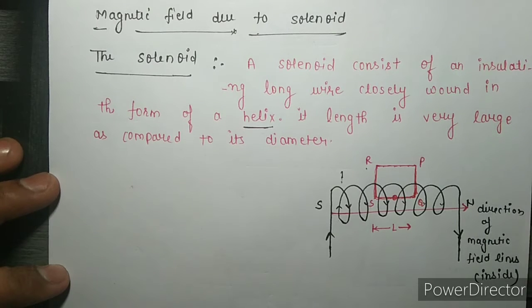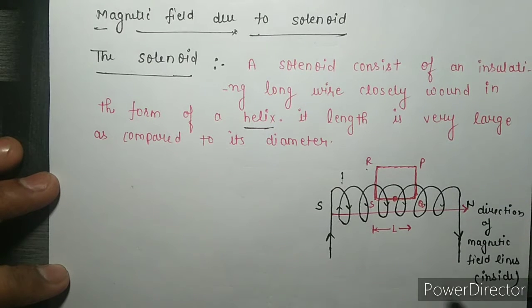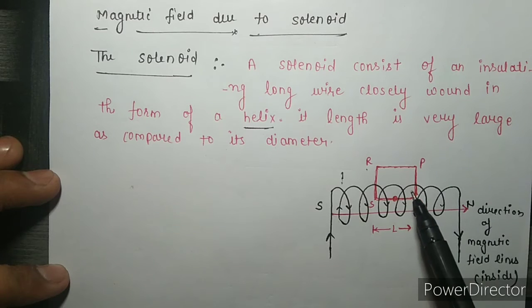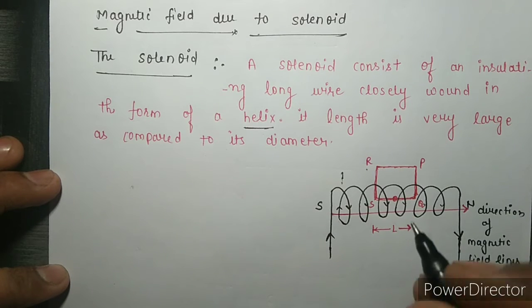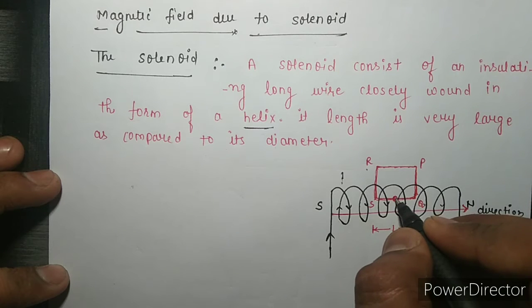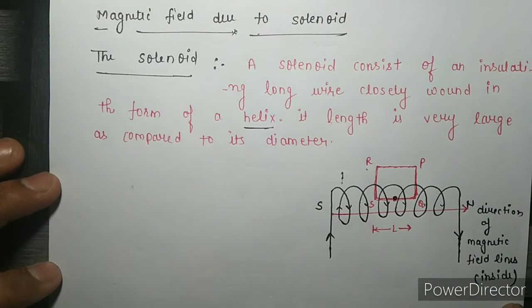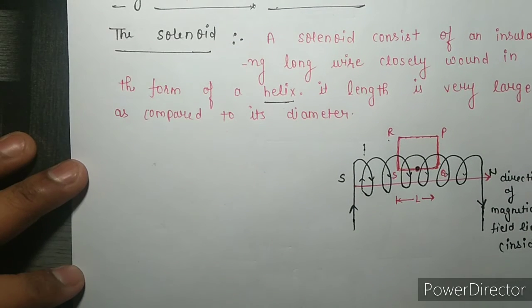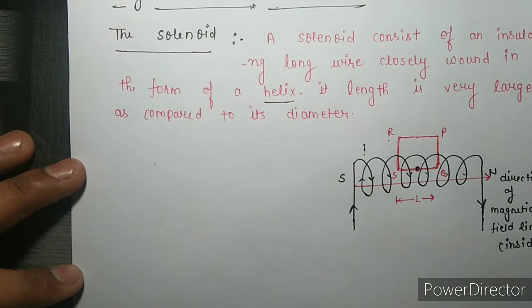Now we have to find the magnetic field inside the solenoid, and inside the solenoid the magnetic field is stronger and uniform. By using Ampere's law, first we imagine a symmetric loop called the Ampere loop.